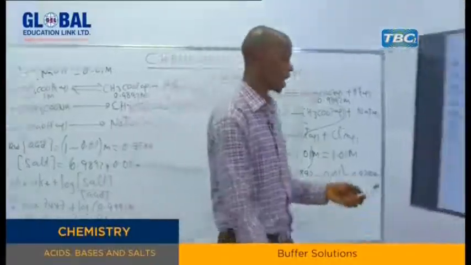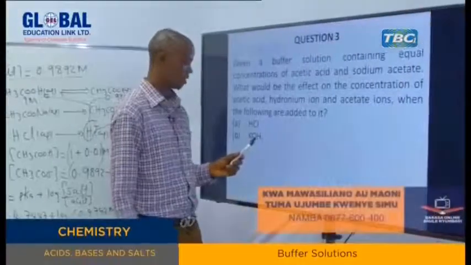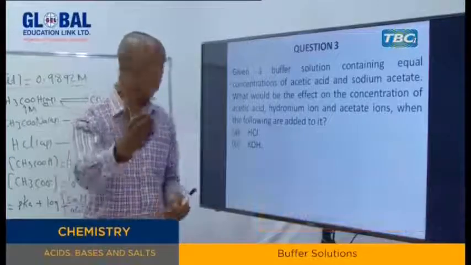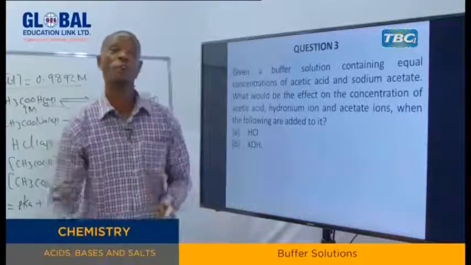Also, when you add potassium hydroxide, the same thing happens. It gives hydroxide ions. These hydroxide ions will combine with the hydrogen ions, forming water.